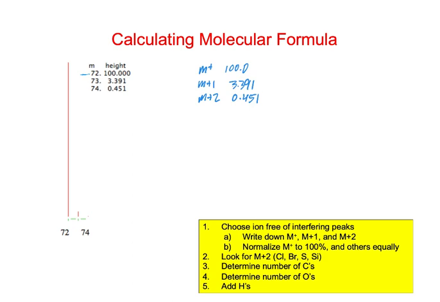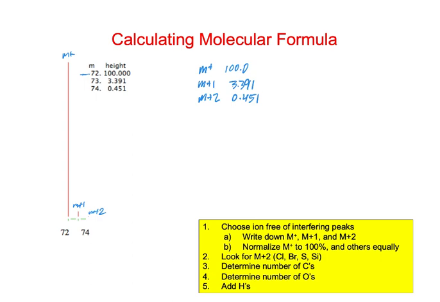Oh, I see. So the first peak is the M plus. Yes, in our spectrum, this is the M plus. This is M plus 1. This is M plus 2. You can barely see just that dot. Yeah, it's only 0.45%.